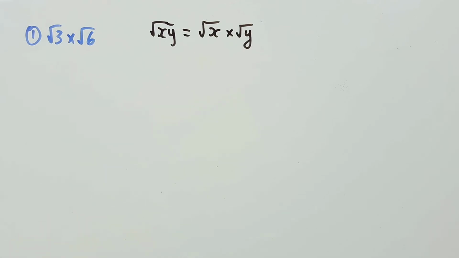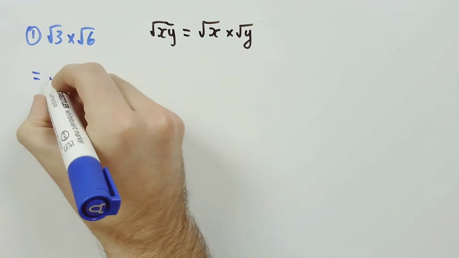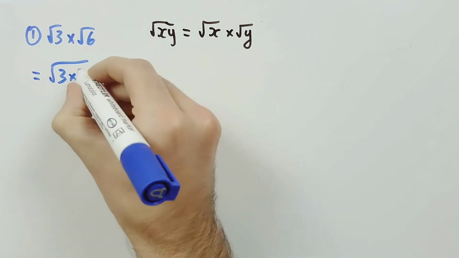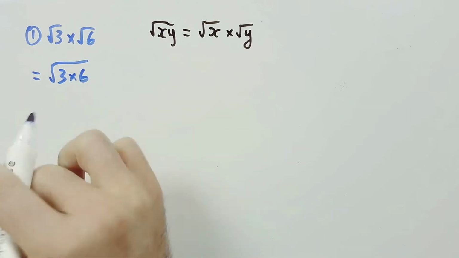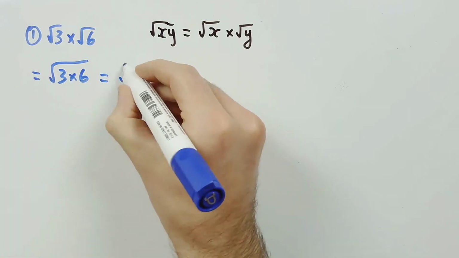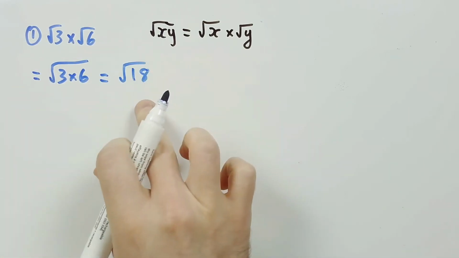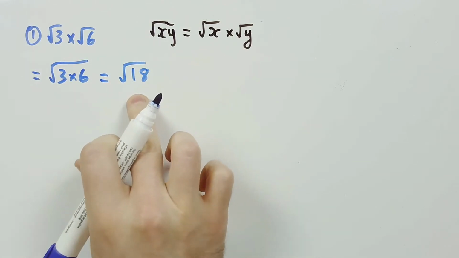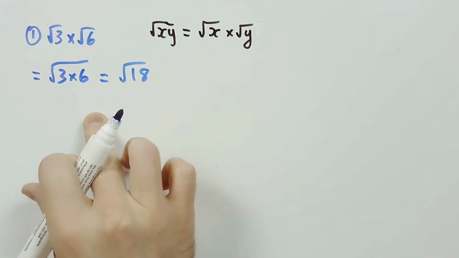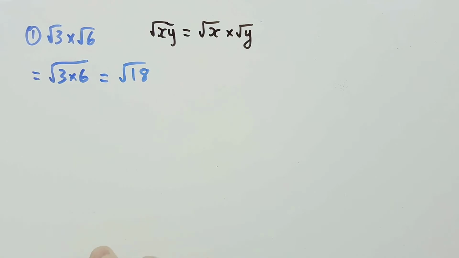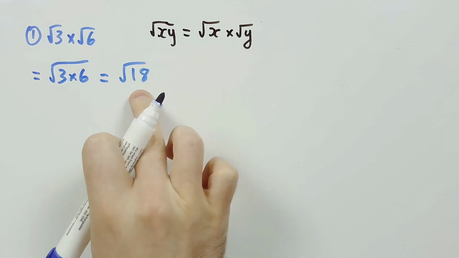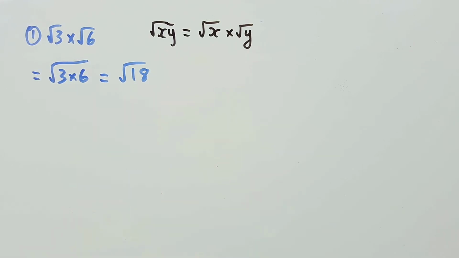So let's have a look here. Root 3 times root 6, we know that we can represent this as root 3 times 6, which of course gives us root 18. Now we want to try and reduce this so that we can pull an integer out the front of the surd. Remember in a previous video I talked about trying to relate the value in the surd to one of the integer squares.